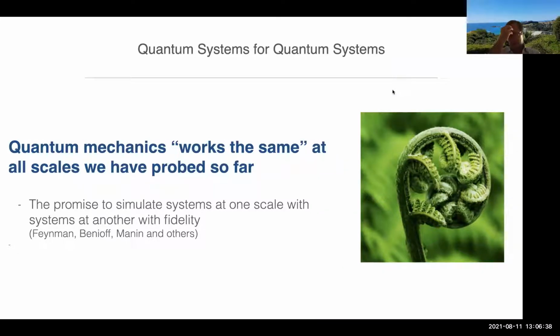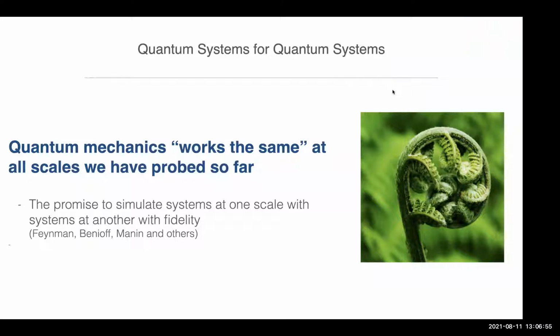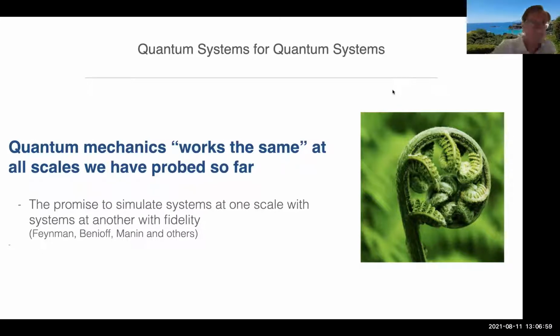And so, for instance, what this means is that classical computing, while it gets us very far in being able to make predictions for quantum systems, it certainly doesn't enable us to perform computations of all of the systems that we're interested in, or all of the properties of all of the systems.